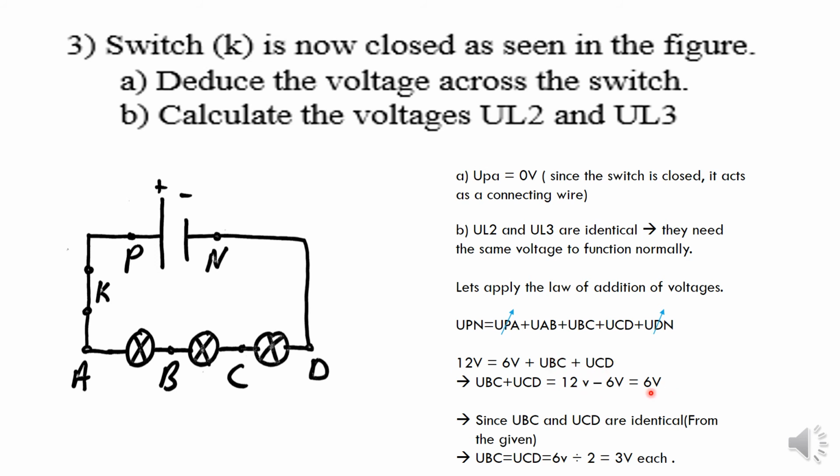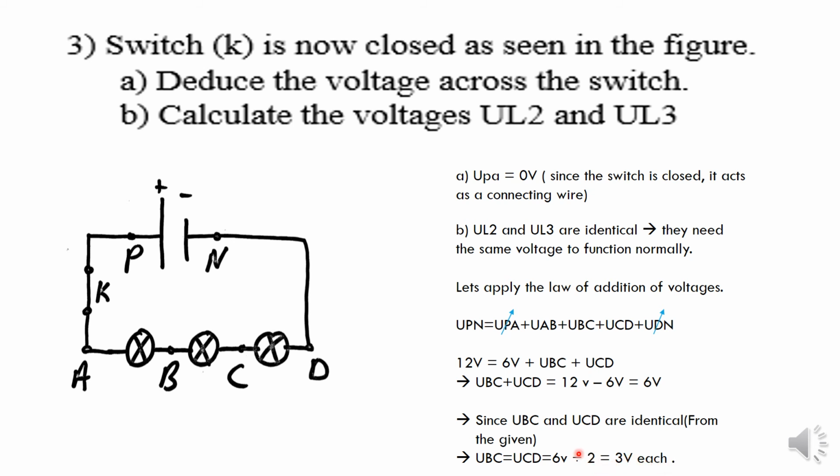So these 6 volts must be distributed for both lamps. Since UBC and UCD are identical, the second lamp and the third lamp are identical. How do we find the voltage across each one? UBC equals UCD equals 6 volts divided by 2. So each lamp needs 3 volts.